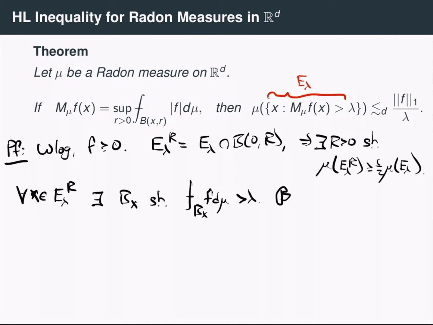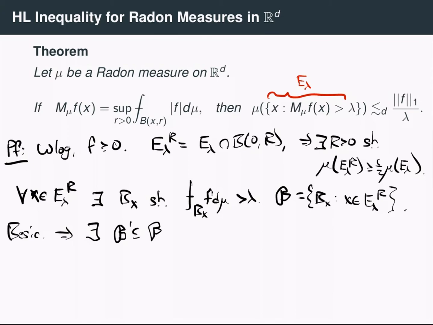So I'm going to define my collection of balls to be the set of Bx such that x is in E lambda R. And we can see that the centers of the balls in this collection are exactly the set E lambda R. Okay, so Besicovitch now implies that there exists a subcollection of bounded overlap, and such that the centers of these balls, i.e. the set E lambda R, is still covered by this collection.